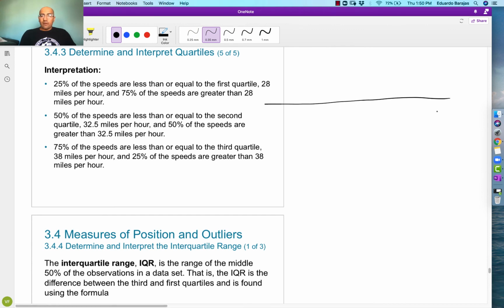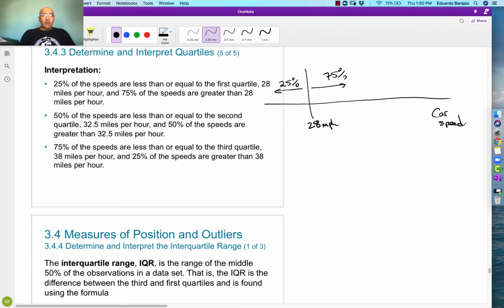If we have car speeds, then the fact that we found 28 miles per hour as the 25th percentile means that it is the boundary point that separates 25% of our data. 25% of all the vehicles are below 28 miles per hour, whereas 75% of the vehicles are above that speed.